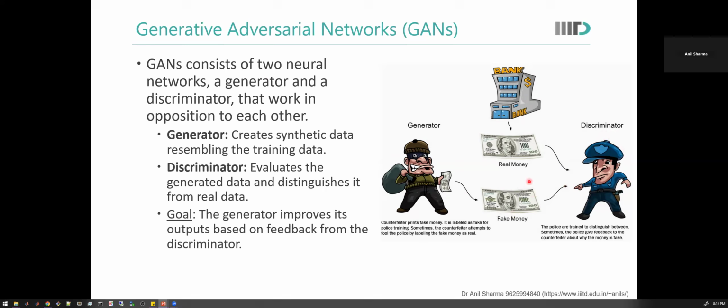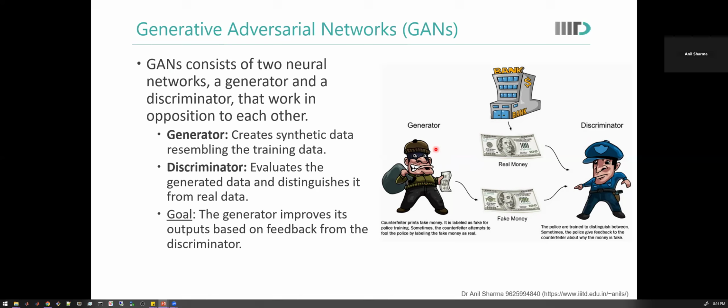Then the generator takes the feedback from the discriminator and tries to generate another currency note, which is similar to the real currency note. It will do this process again and again until the discriminator is fooled and says, okay, it is a real currency and I will accept it. And then the goal of the generator is satisfied.